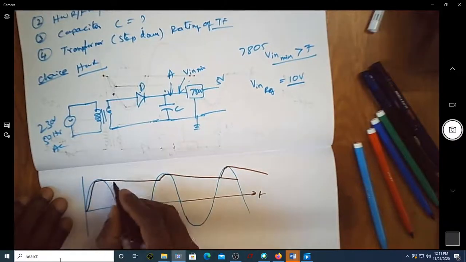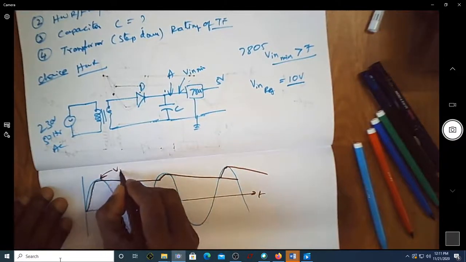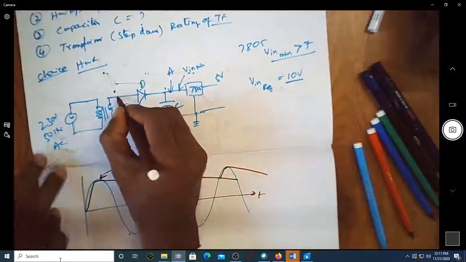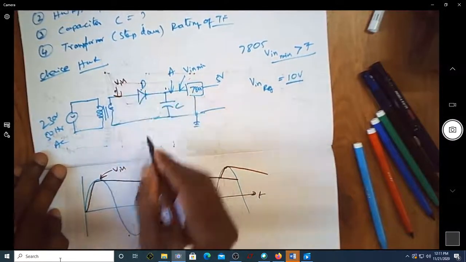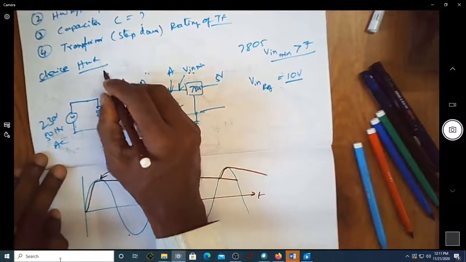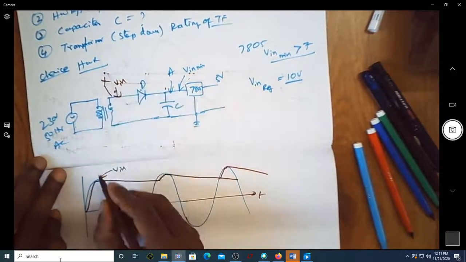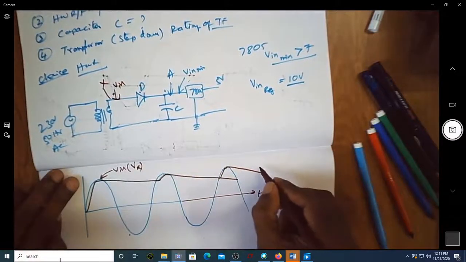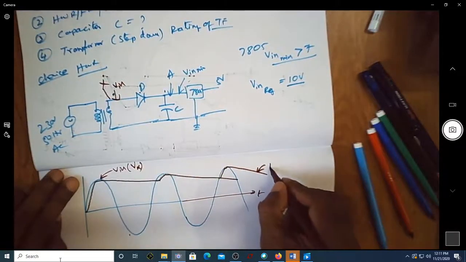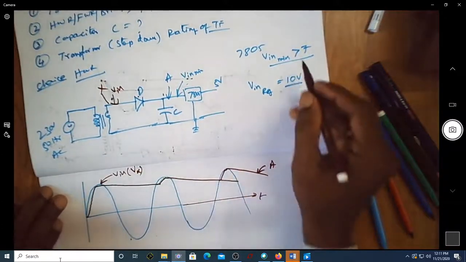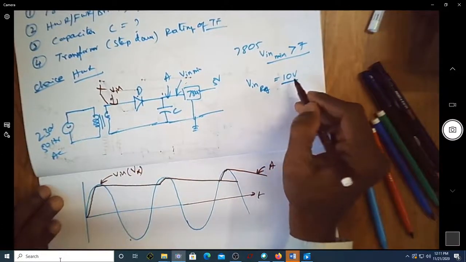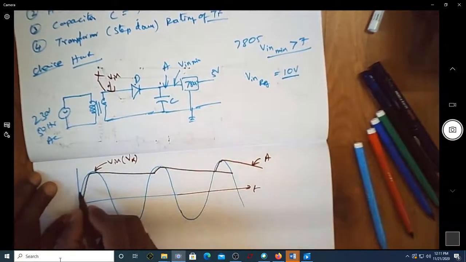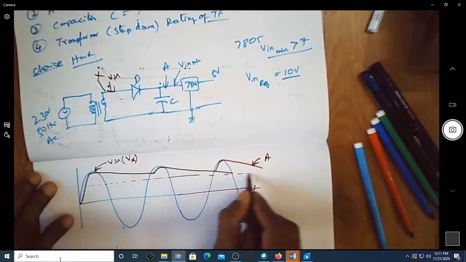Now this is the input voltage that is over here. This is my V in. Let me say this is some node X, and this is the voltage at node A. And we assume that the input voltage should be more than 10. So let me take this as the point corresponding to 10.